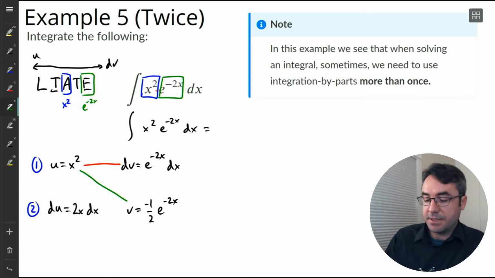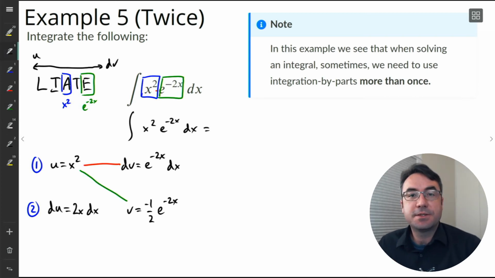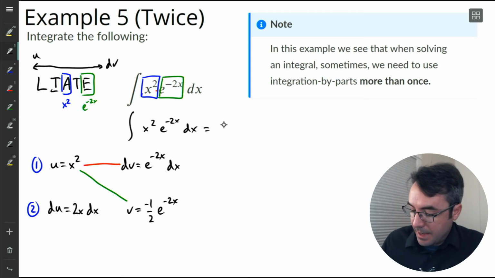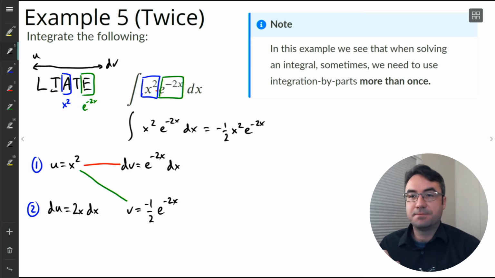So we multiply along the diagonal there. So let's multiply those together. And to make this look nice, I'm going to put the negative 1/2 first. Then I'll put the x squared. And then I'll put my e to the negative 2x. So you just kind of move the order a little bit as needed there. All right, so that's u times v.